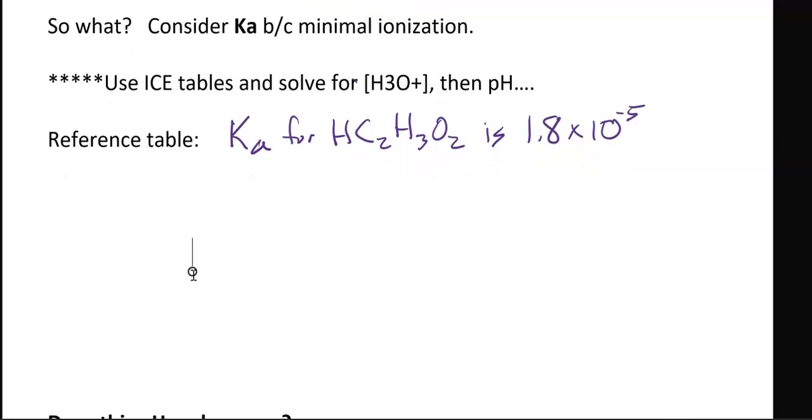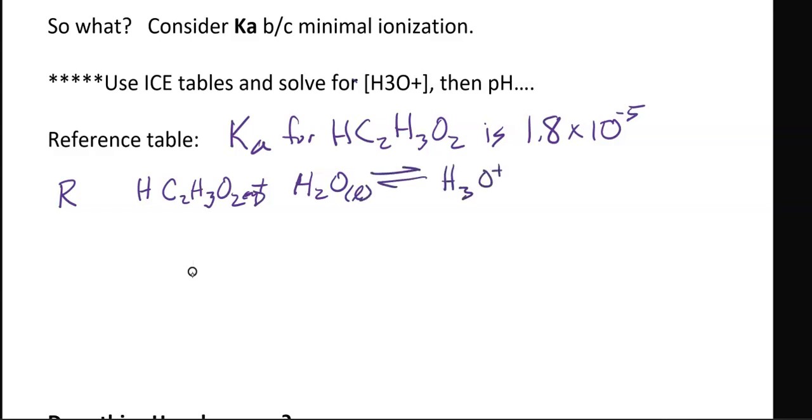Next, I recommend you do a rice table. So you write out the reaction again, just so you have it right there in front of you. And we know we make a little bit of hydronium, and we make some conjugate base.